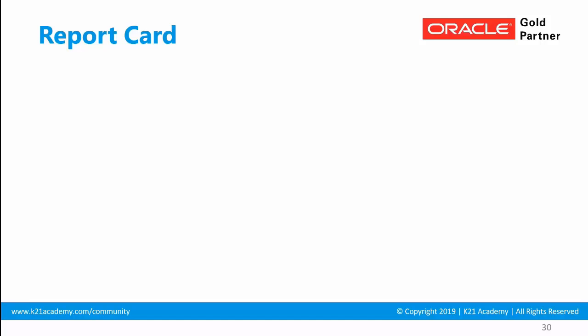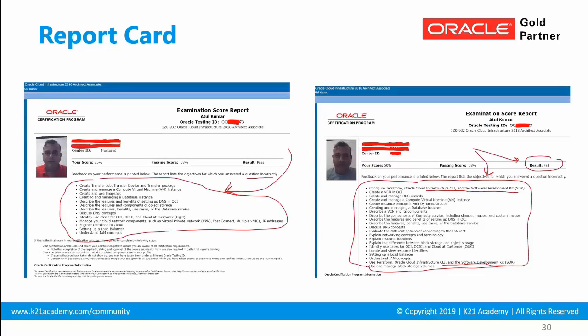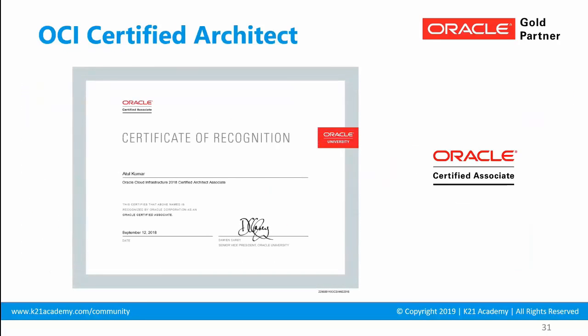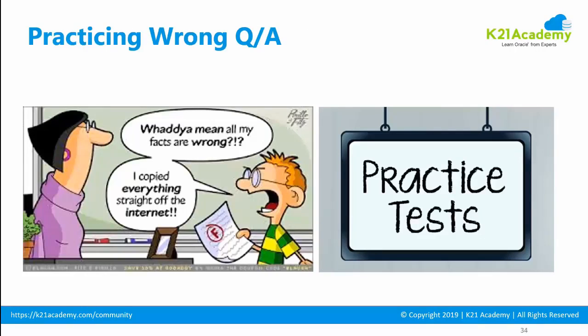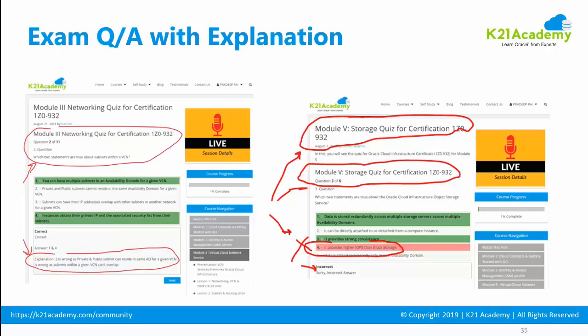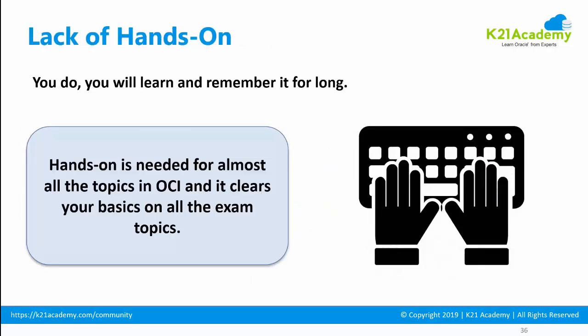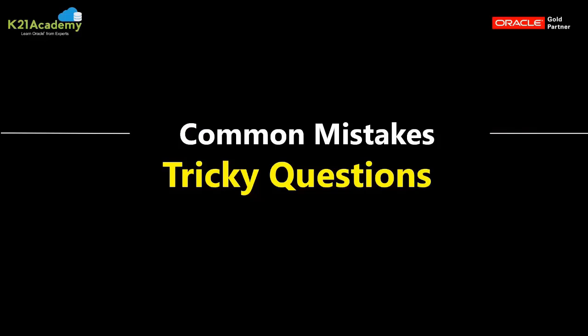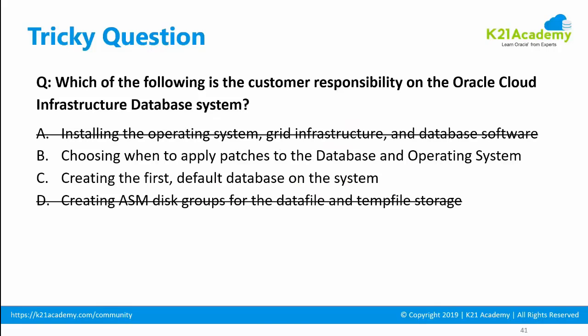Then we looked at the common mistakes made by a lot of students while appearing for these certifications. Some of the common patterns we see are practicing wrong answers, or working with wrong question answers available freely without any explanation, and not doing enough hands-on or getting stuck on tricky questions.